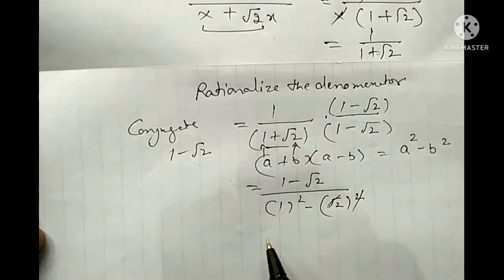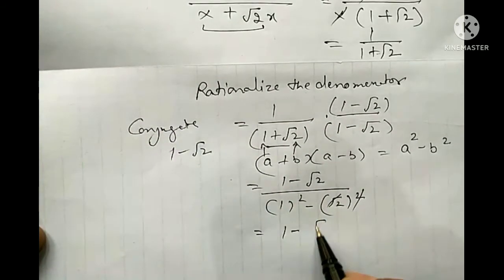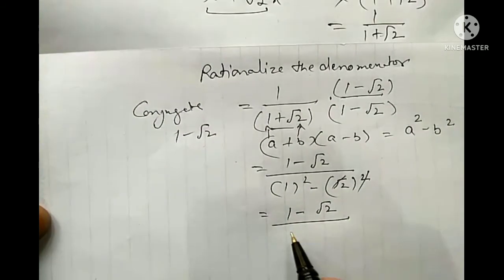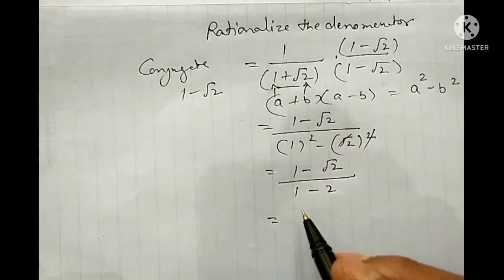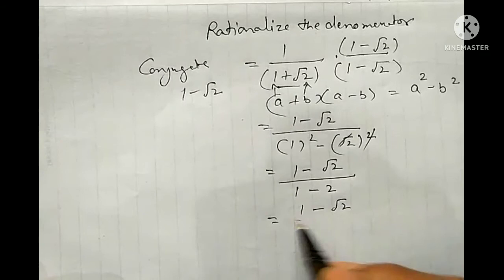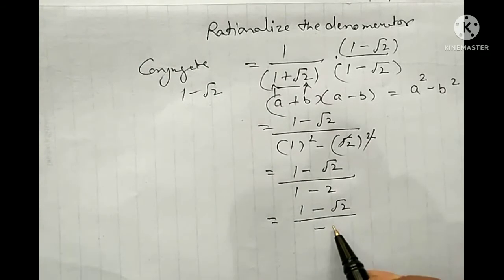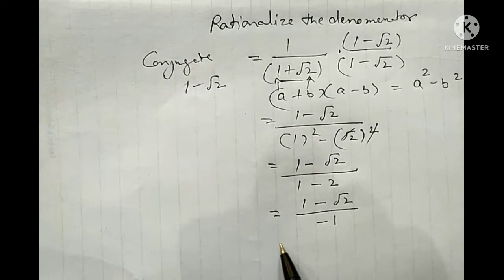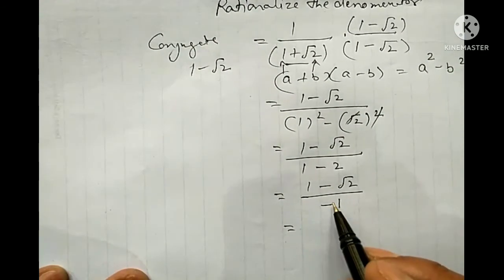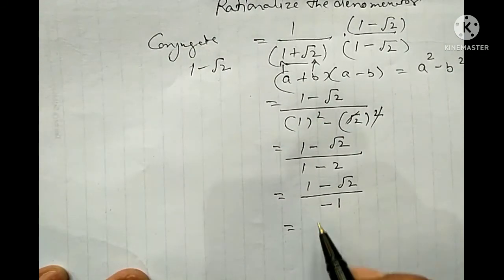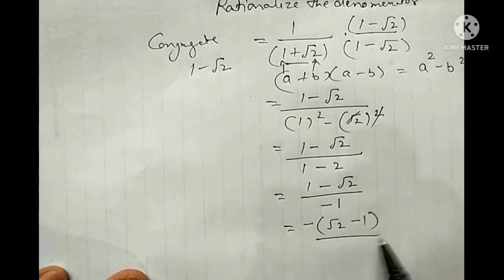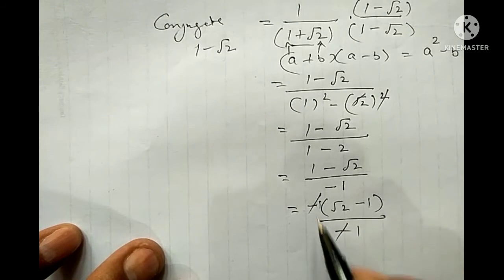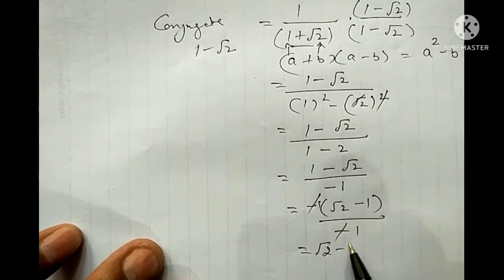Square root cancels with square, we are left with 1 minus square root 2 over 1 minus 2, and this is equal to 1 minus square root 2 over minus 1, and this is equal to, now take minus common, this becomes root 2 minus 1 over minus 1, minus cancels with the minus, we are left with root 2 minus 1.